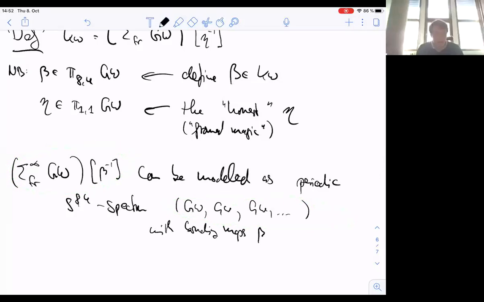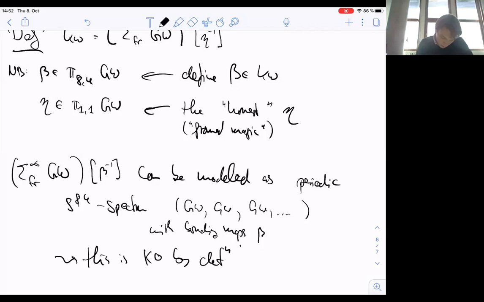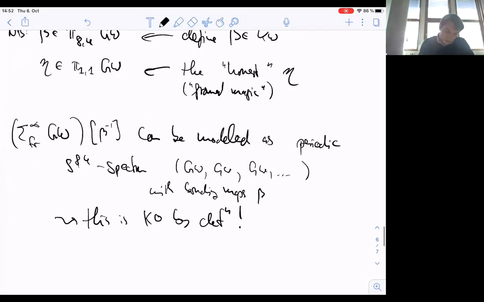But you see, this sequence of spaces is basically the definition of KO. And so what you've learned is that if I take my kW and then invert beta, that's the same thing as KO with eta inverted, which is KW, which is what we wanted, right? So we're beginning to see that this guy does what it should do.